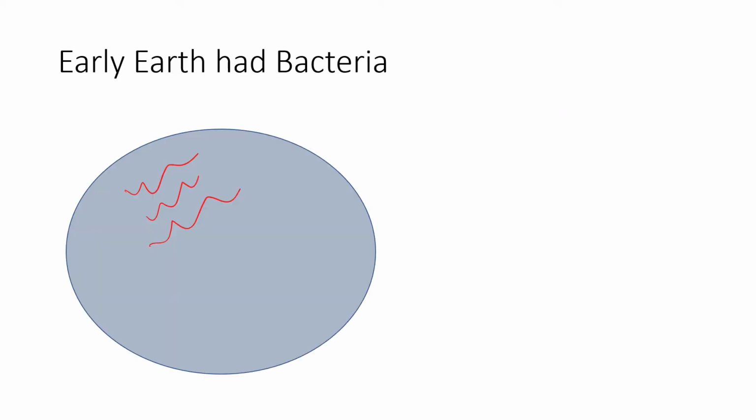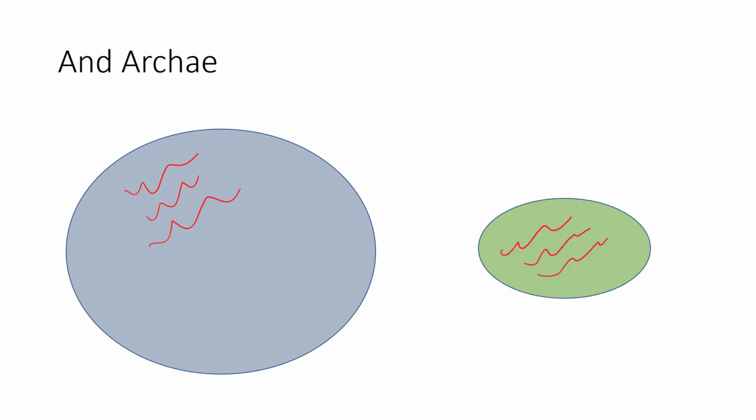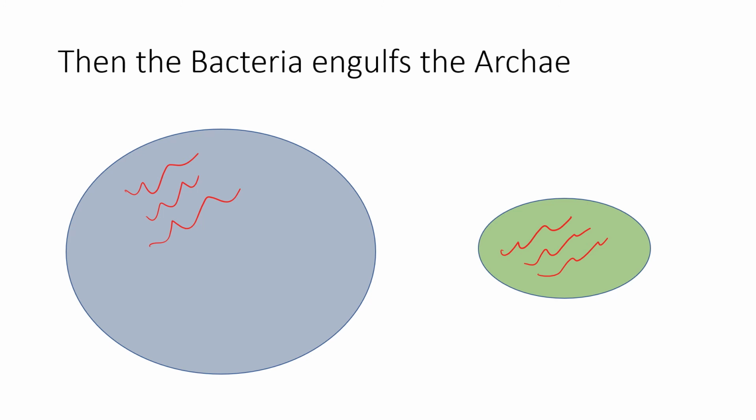Well, how does it help prove endosymbiosis? Well, earlier, again, you had bacteria, right? Simple prokaryotes, DNA floating around inside, no organelles. You also had archaea, also prokaryotes, DNA floating around inside, membrane, but no organelles. Now then, these bacteria were to engulf this archaea.